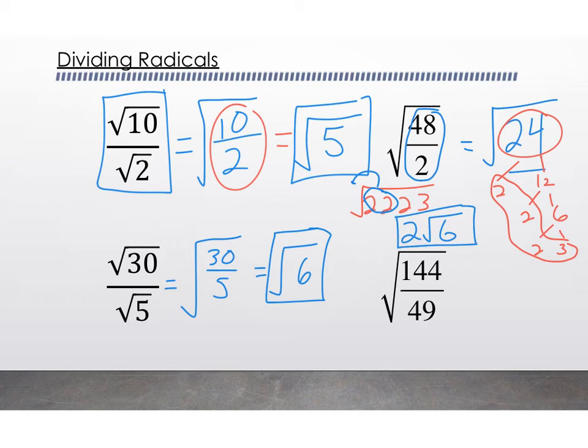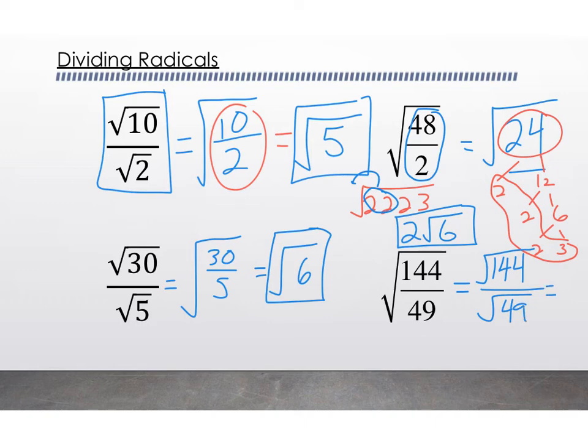And for that last one that we didn't get to, check to see if you can simplify that first underneath. The last one above it, we were able to. 48 divided by 2 is 24, but this one, notice 144 divided by 49 doesn't come out nicely. And so this is a case where we can split this up the other way of that property that says if you have the square root of 144 over 49, we can split that up separately and say it's the square root of 144 all over the square root of 49.